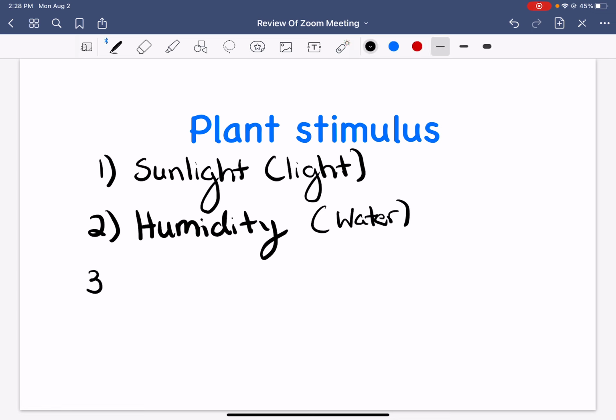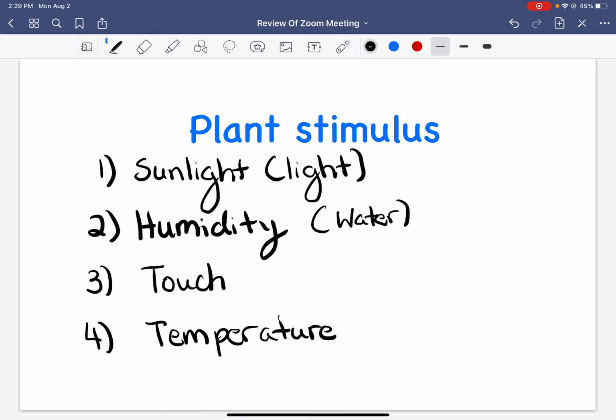Number 3, touch. And number 4, when we feel hot or cold, we think about temperature. Right? These are things we feel. Temperature. We have sunlight, humidity, touch, and temperature. These are the 4 things for plant stimulus.